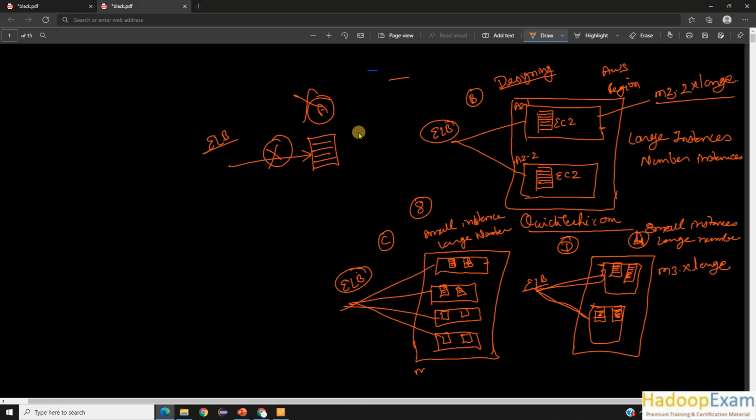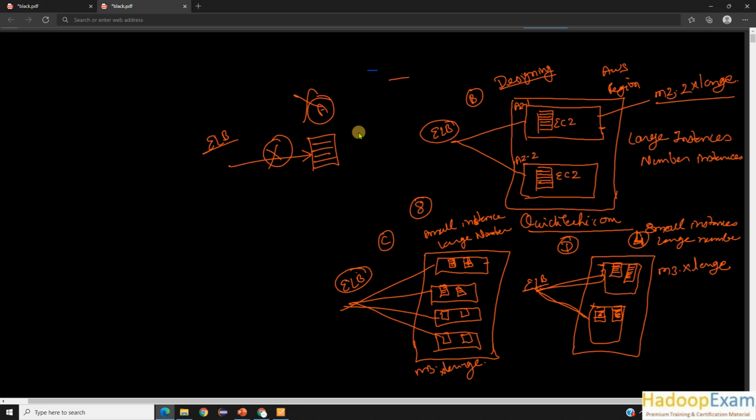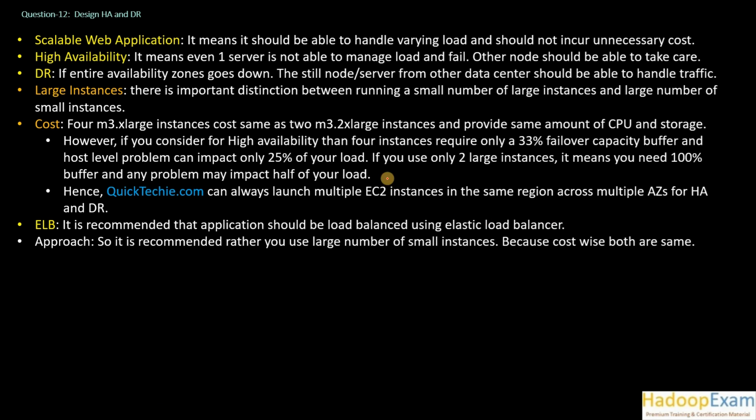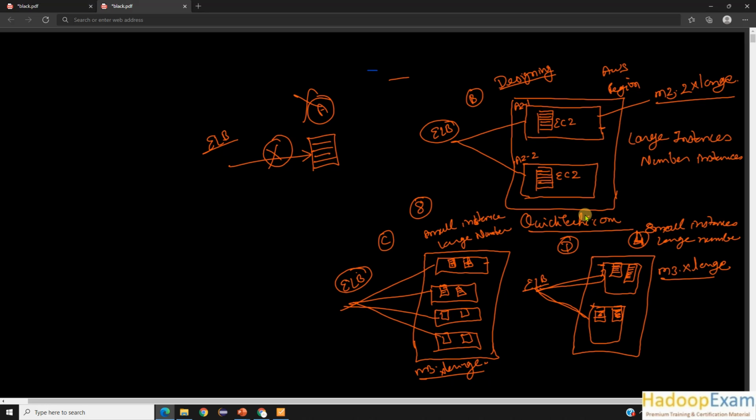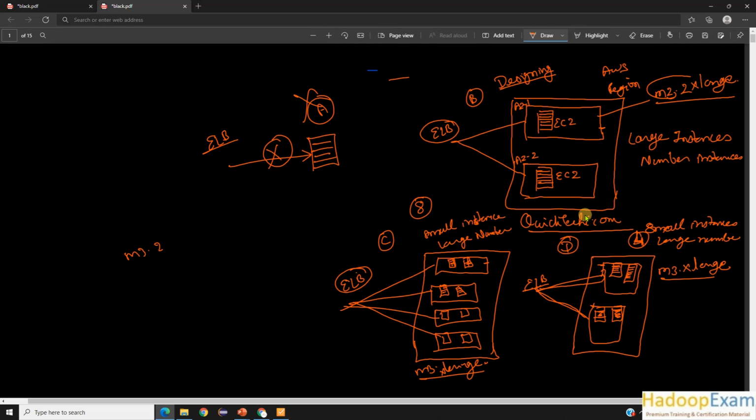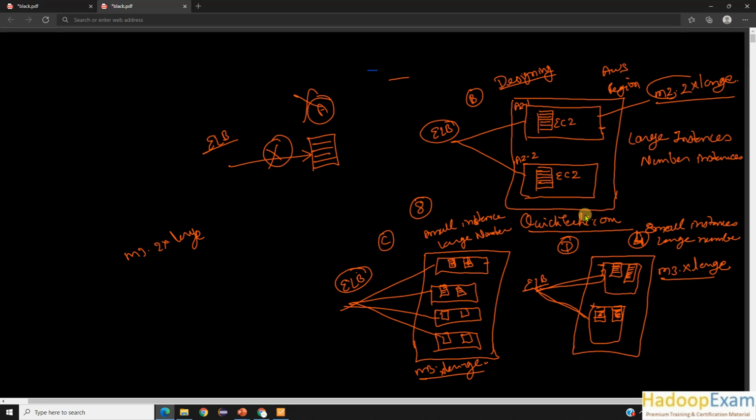That's the assumption here. So cost wise, the M3 2X large cost is equal to the M3 X large cost. So cost wise, this is equal to this one.